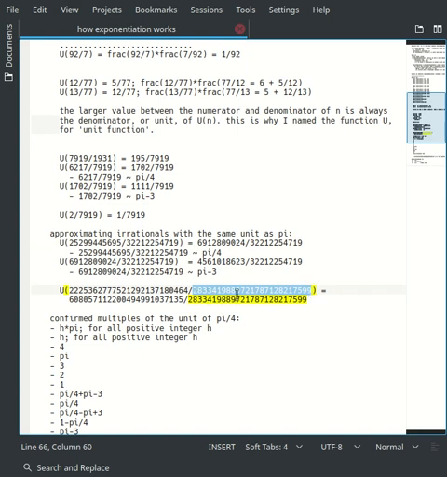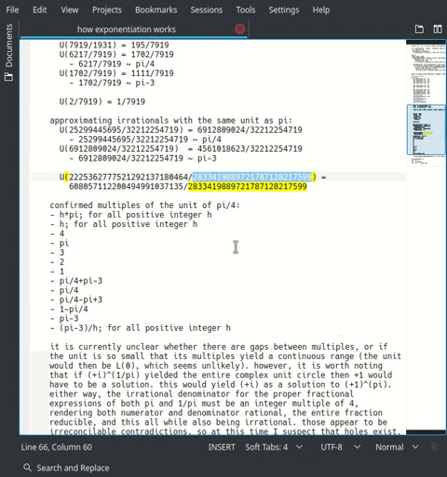And then I found what numerator would make that the closest to pi and keep it rational. Right? Or whatever it was. This is probably pi on 4, something like that. Whatever it is. Something related to pi.